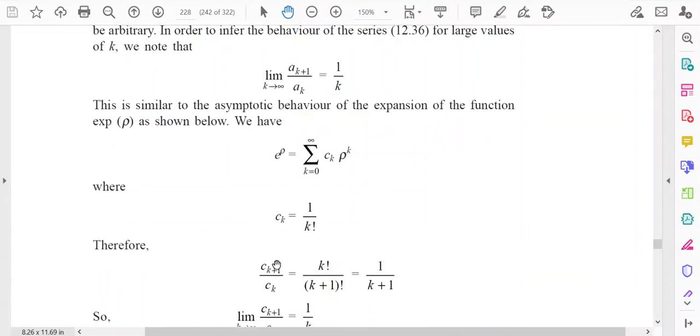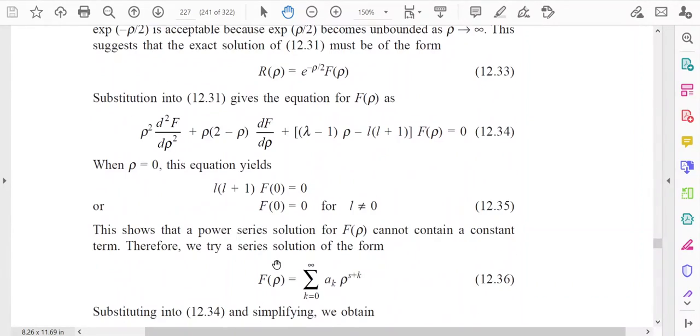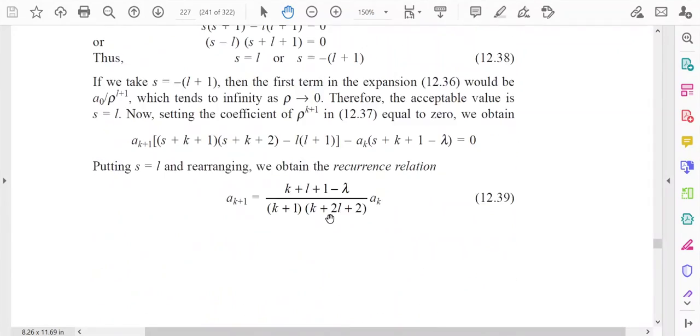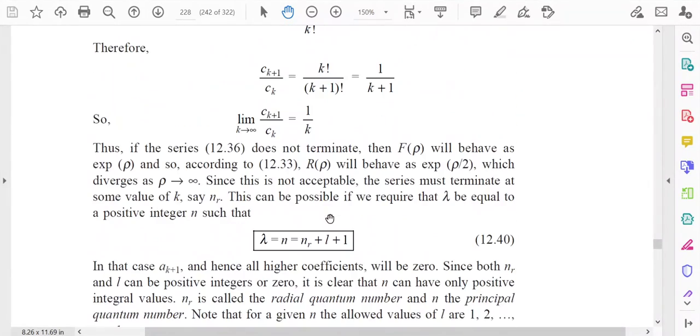Because you see equation 12.33, let us see it again. r rho is equal to e to the power minus rho by 2 into f rho, but f rho behaves as e to the power rho. So r rho will behave as e to the power minus rho by 2 into e to the power rho, that means e to the power rho by 2. So r rho will behave as e to the power rho by 2, but it diverges as rho tends to infinity. Since this is not acceptable, the series must terminate at some value of k, say nr.